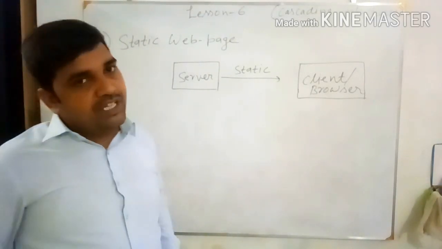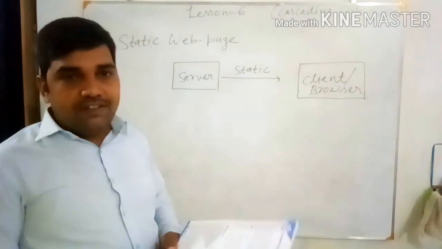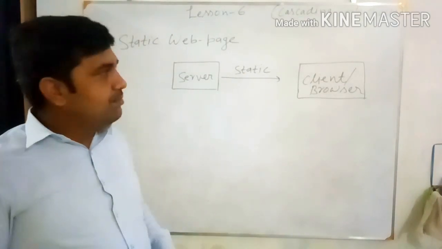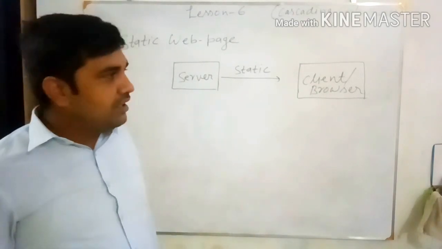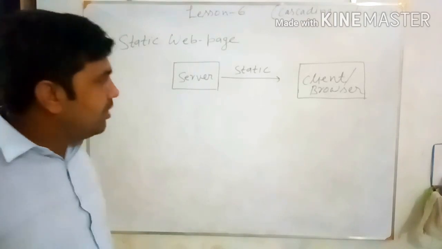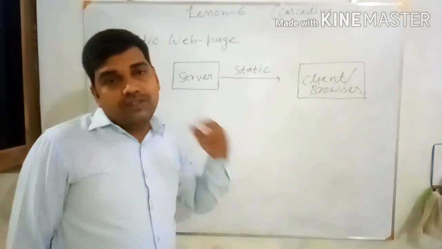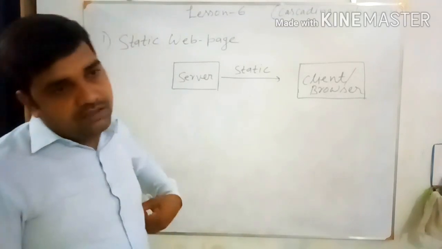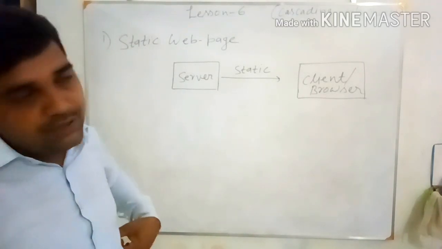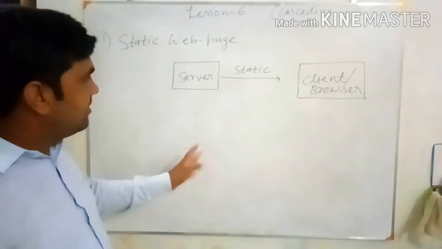You cannot modify it on the static web page. Means if you have opened the Facebook homepage, in that homepage you are not able to change the content. So whatever boxes and buttons are there, you are not able to change. So that is static only.